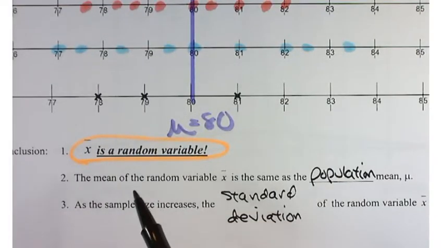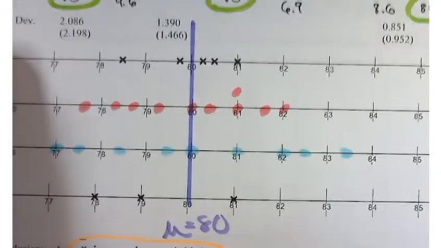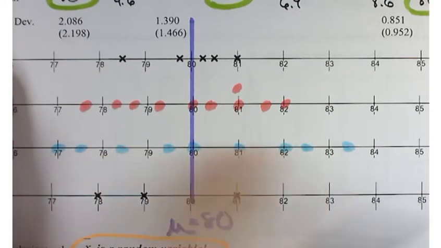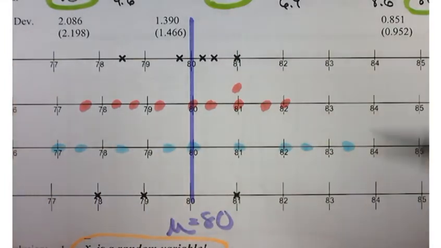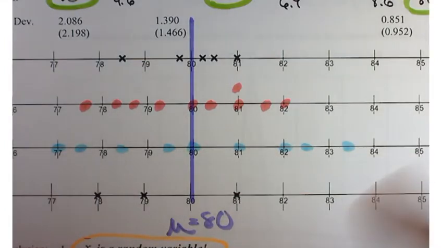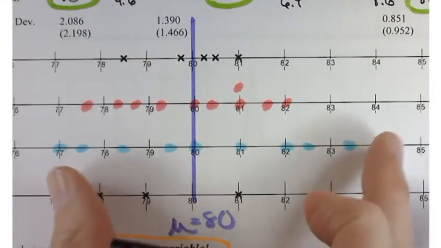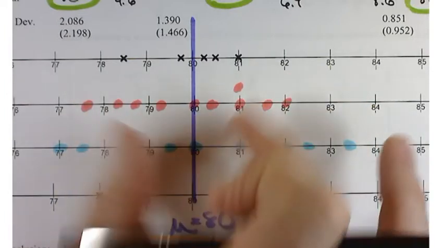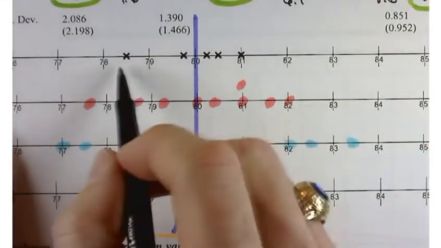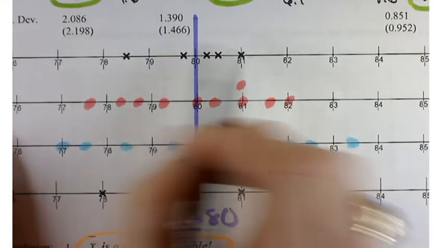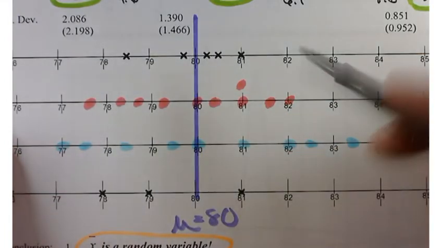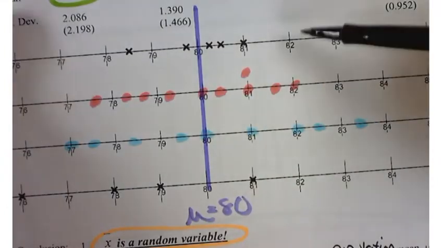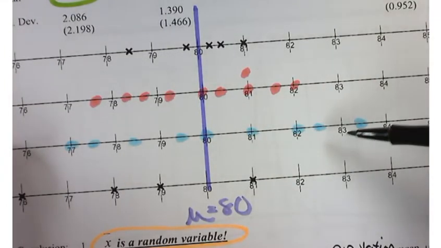Now, when you calculate a sample mean, the sample mean itself is going to be a random variable. You can see that here. Different samples have different sample means. The good thing is that if you increase your sample size, the standard deviation of that random variable is going to decrease. You're more likely to get a good estimate of the true population mean, which here is 80, with a larger sample size.